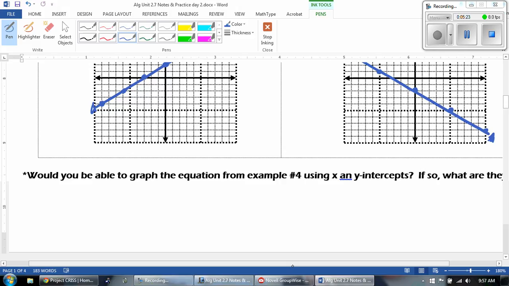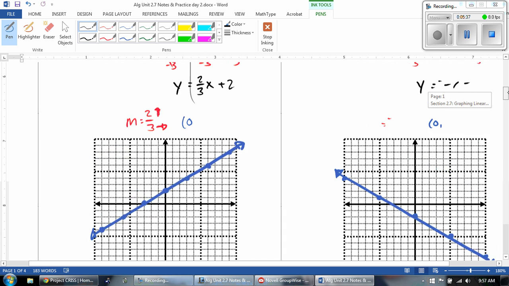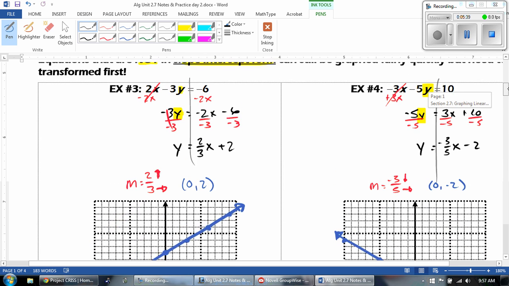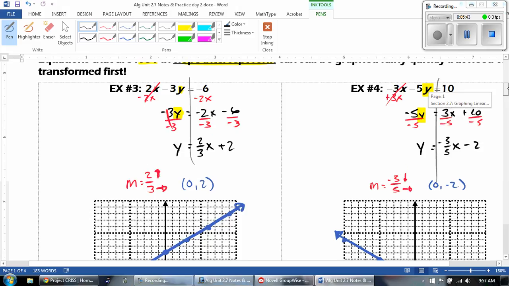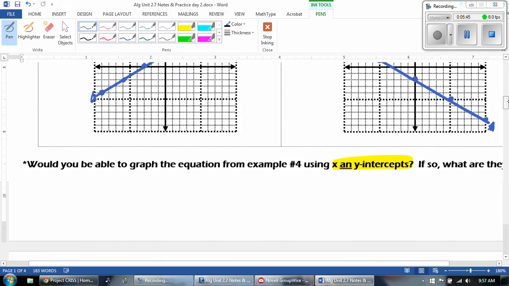Would you be able to graph the equation from example number 4 using x and y intercepts? If so, what are they? Remember, when we're using intercepts, I want x and y on the same side. Are x and y on the same side for number 4? Yes, so we can. What are they?